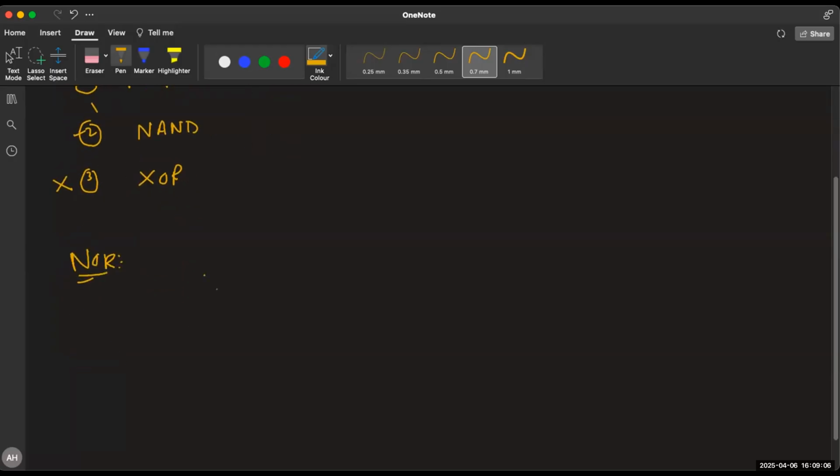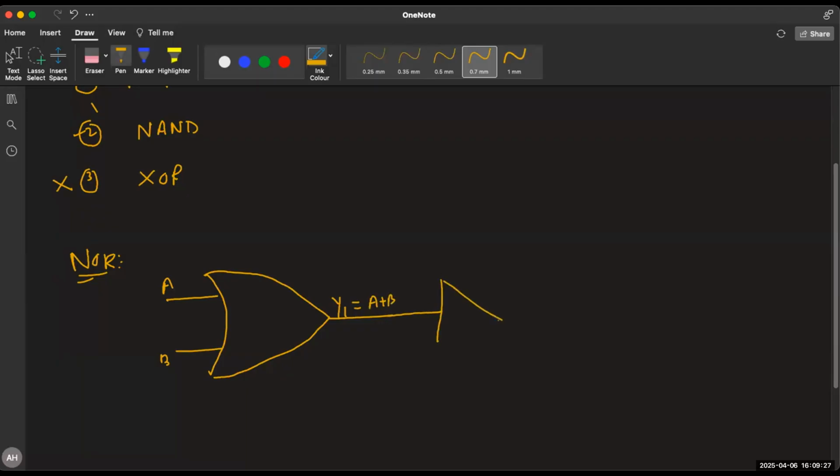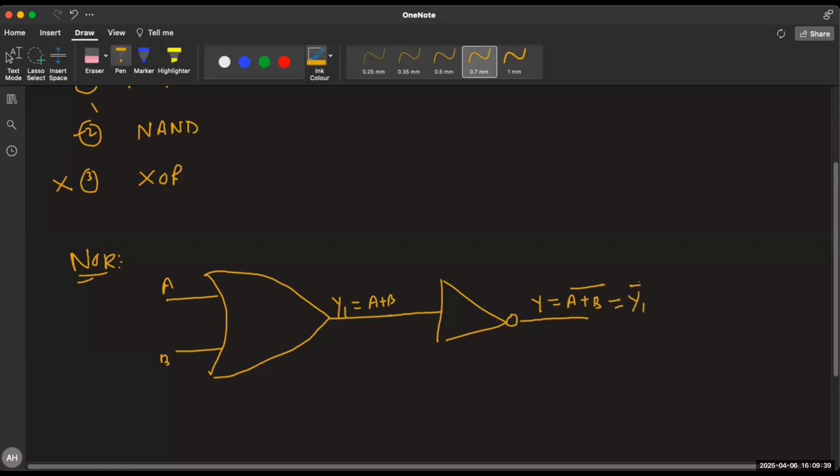So the NOR gate says you take an OR gate with two inputs. This is output Y1 of the OR gate, which is A or B. At the output of the OR gate, you put a NOT gate. So your Y is (A or B) bar, which is Y1 bar.